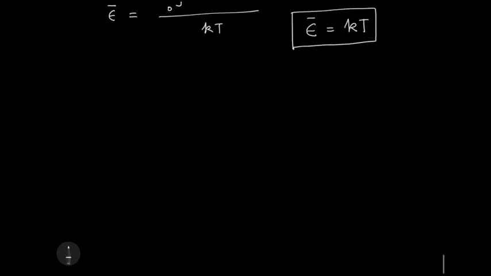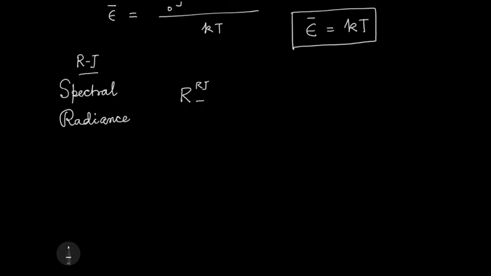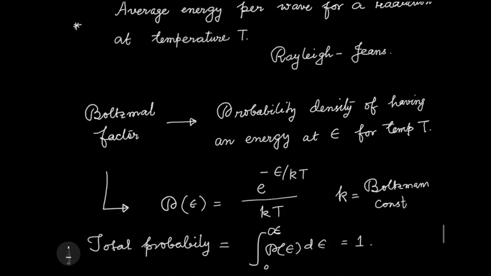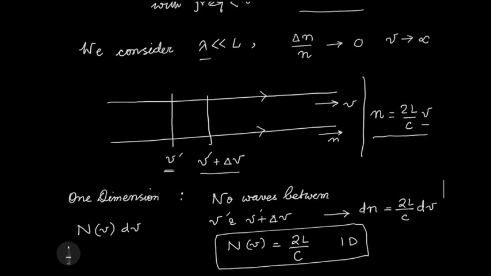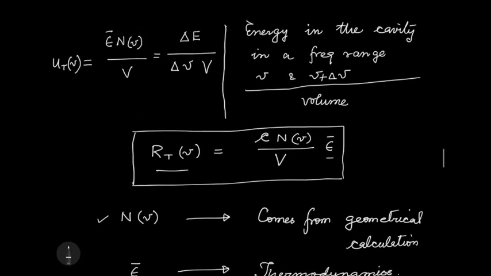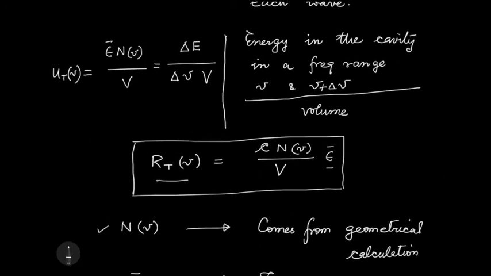of waves in between nu and nu plus d nu, I can now calculate the spectral radiance. And this is calculated by Rayleigh-Jeans. So I say Rayleigh-Jeans spectral radiance. So I write this with RJ on top. So what will this be? kT times n nu, and then what else do I have?